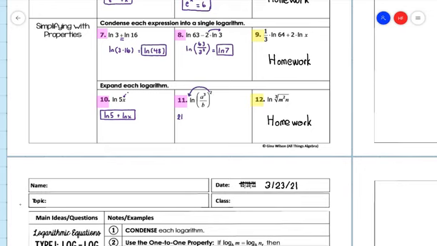So 2 ln, and we've got division, so we're going to have subtraction. And then this needs to go to the front as well, so we have 6 ln of a minus 2 ln of b.